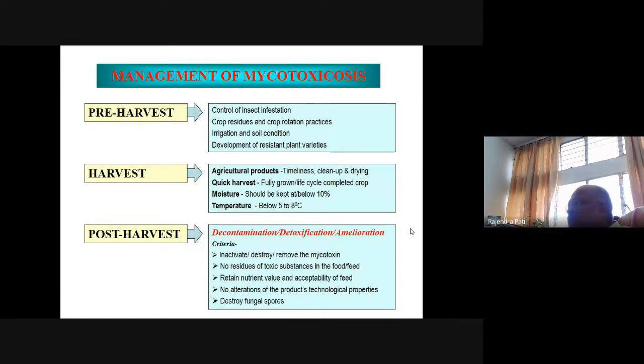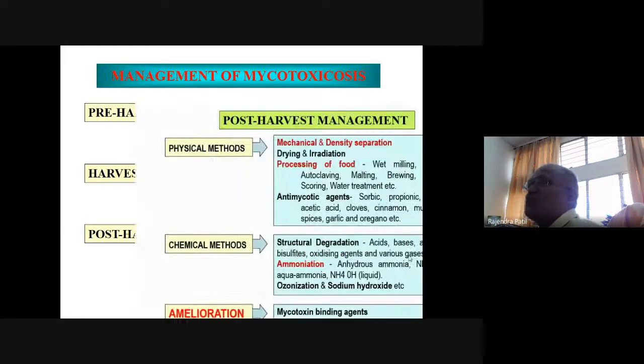Whatever procedures or techniques we use for detoxification or amelioration should not reduce the nutritive quality of the feed and fodder, and should be acceptable. There should be no alterations of the products, technologies, or properties, and they should further destroy the fungal spores.